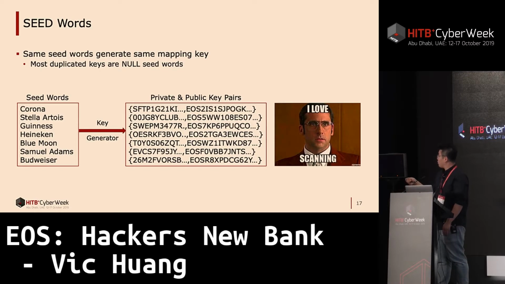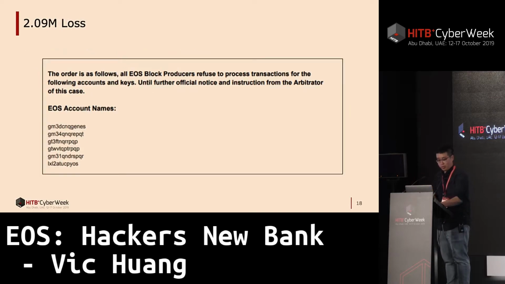If you find someone's address that looks like this, EOS 221IS, you will know that his private key is this one, because the same seed word generates the same key pair. Because of this kind of attack, EOS lost about $2 million US.